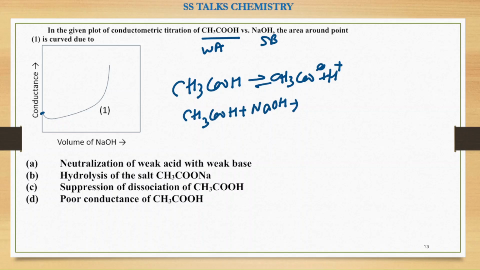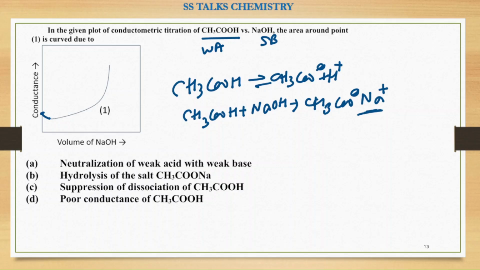So due to that, what is happening? This H positive ions, CH3COO negative and Na positive. These H positive ions are being replaced by the sodium positive ions, which are larger in size as compared to the H positive, and there is no proton jump for them. So conductance, due to that, is going to be decreasing. So a slight decrease is what you are observing in this case, right?